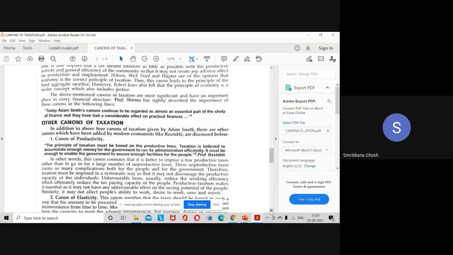Other than these three, there are some others. Partially they are given by Adam Smith, or after Adam Smith, the modern economists have also contributed. So this is something new after Adam Smith. For example, canon of productivity.